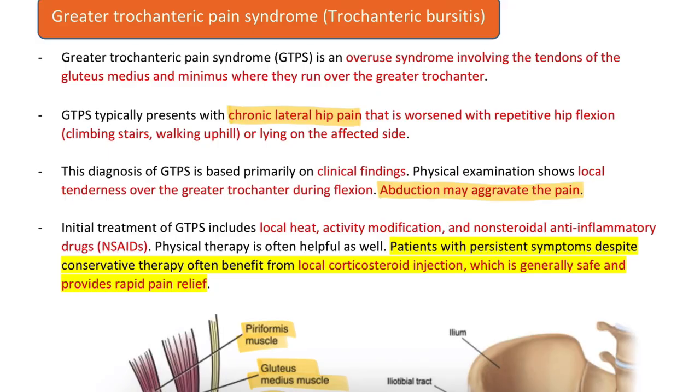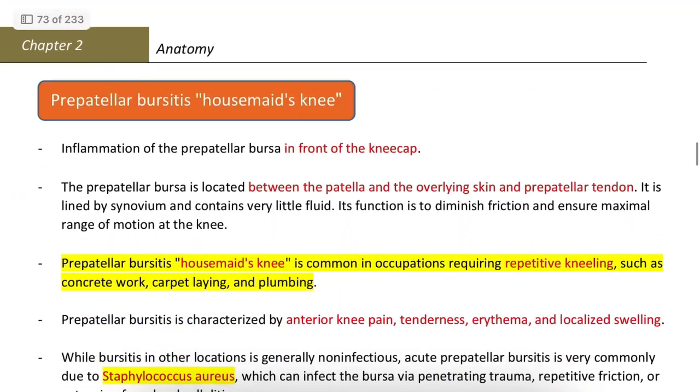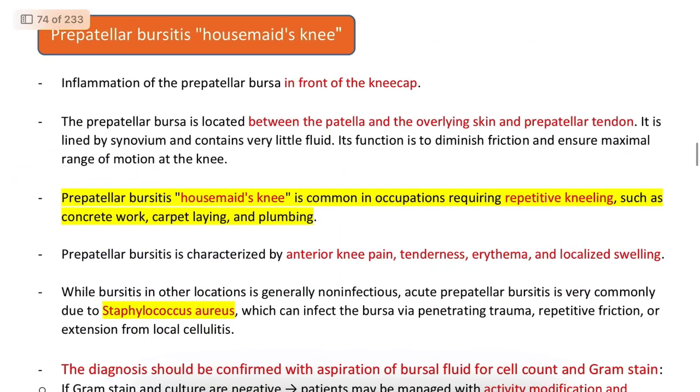Next we are going to discuss pre-patellar bursitis, also known as housemaid's knee, caused by repetitive kneeling in jobs like carpet laying or plumbing.